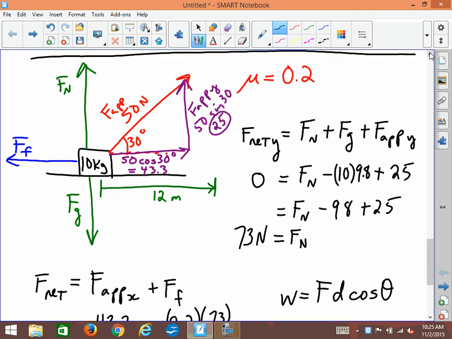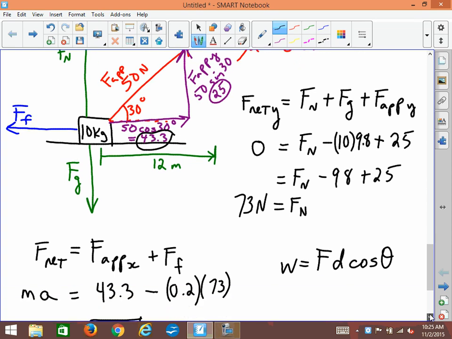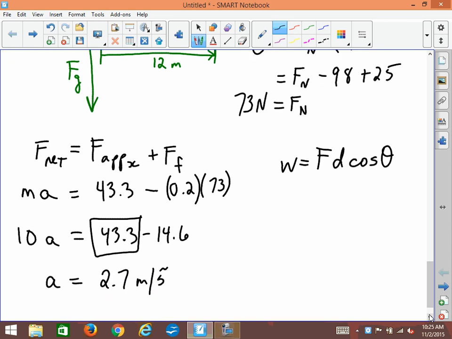We can either go 50 and cos 30, or we can use the 43 that we've already figured out, which is just F cos 30 already done for us. So it's 43.3 times 12, and that's $519, or pretty close to 520 joules.